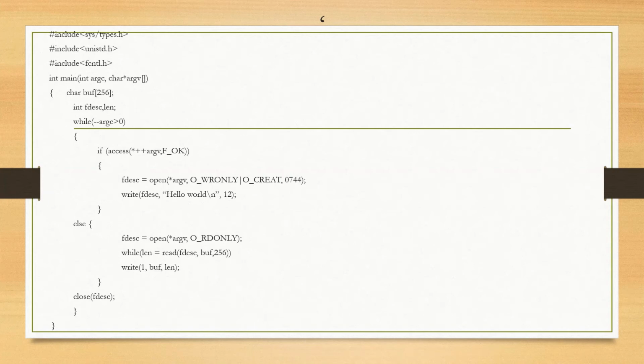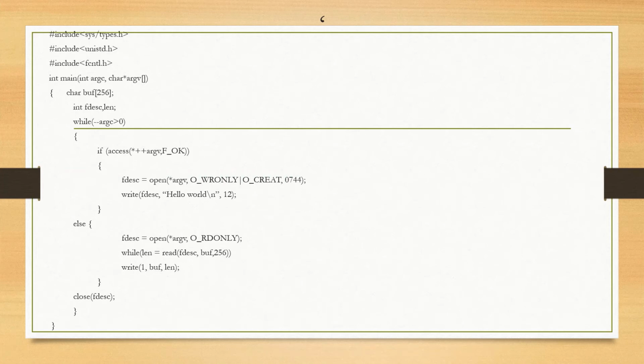If the flag value is any combination of R_OK, W_OK and X_OK, that is read access is OK, write access is OK and execution access is OK, the access function uses the calling process's real user ID and group ID to check against the file's user ID and group ID.